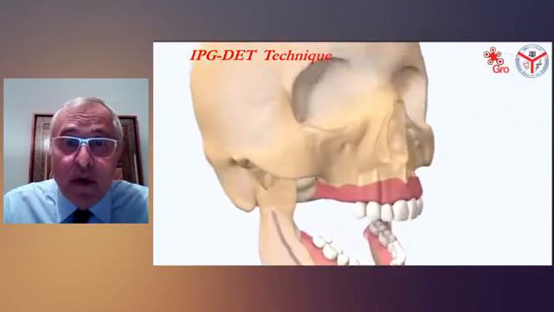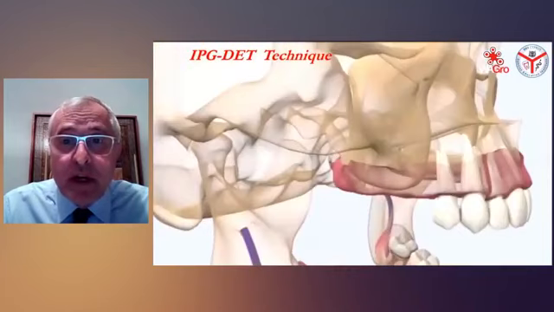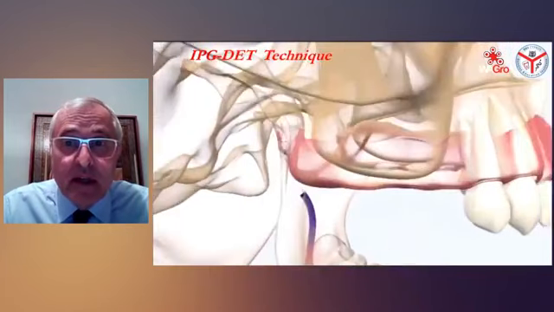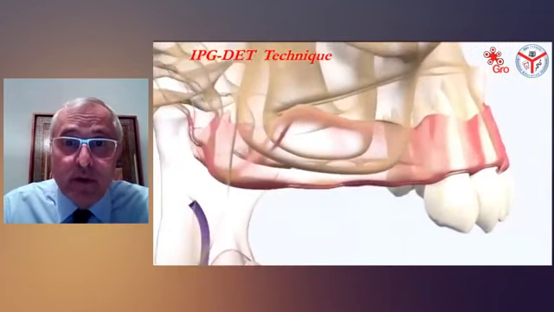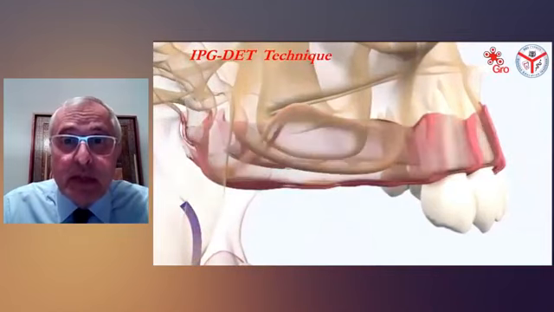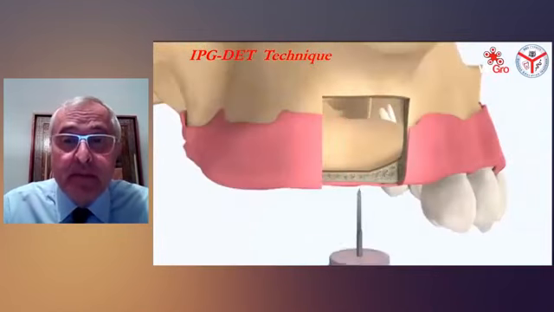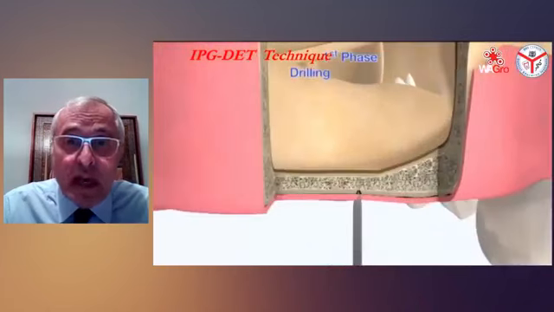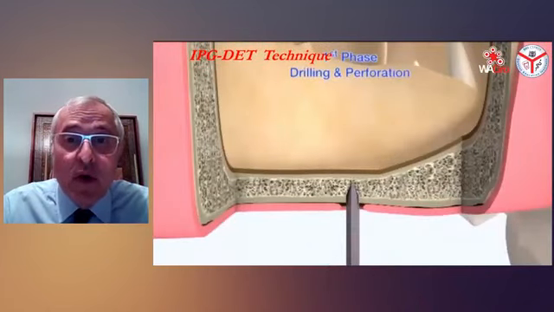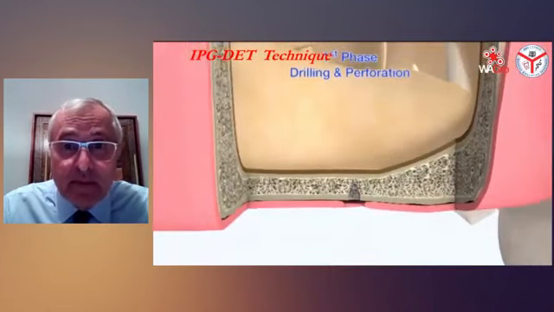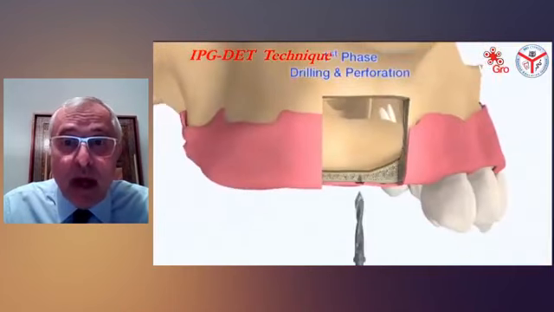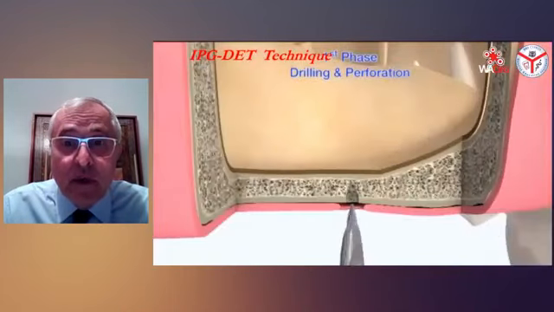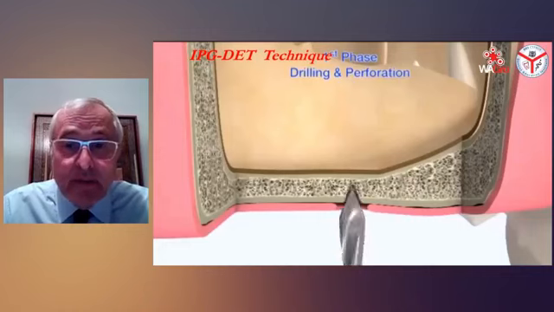We know that very often in the posterior area of the maxilla, we do not have enough bone to place implants and to have the initial stability. So we can use the sinus floor elevation or we can use the IPG DED. With IPG DED, we perforate the membrane.